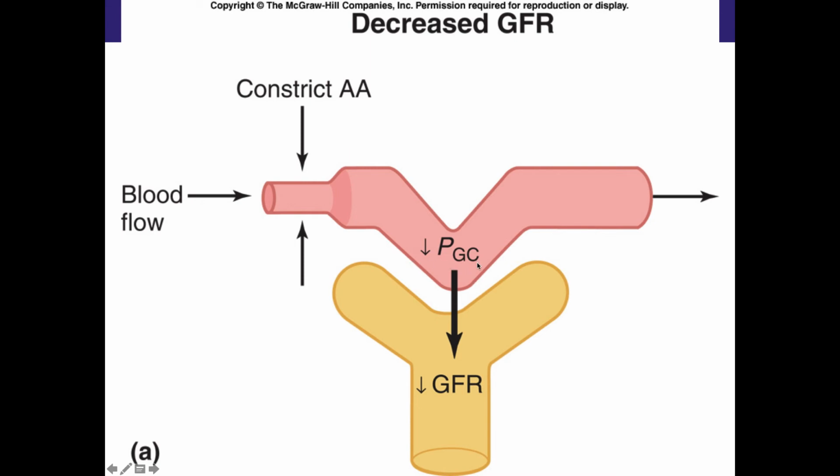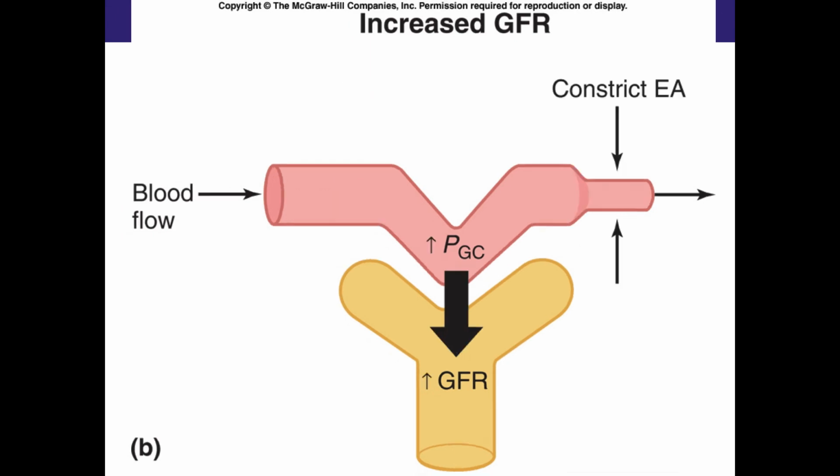It lowers the hydrostatic pressure in the glomerular capillary. That actually decreases the flow. Okay, makes sense? This is intuitive to some people, but I need to walk through because there's one of them that when I was a student, I really had a hard time with. But this is going to decrease glomerular filtration rate or flow.